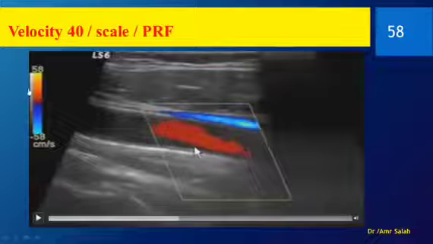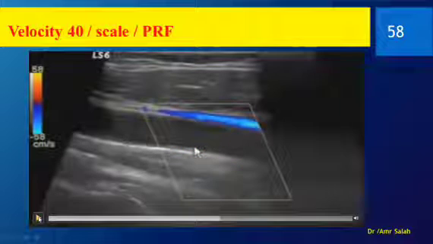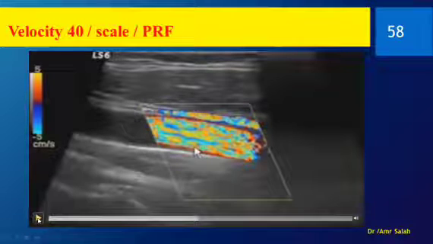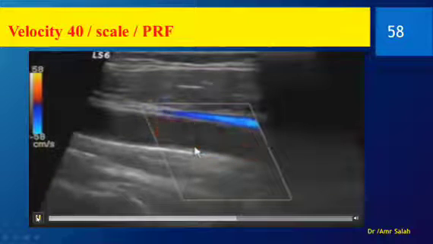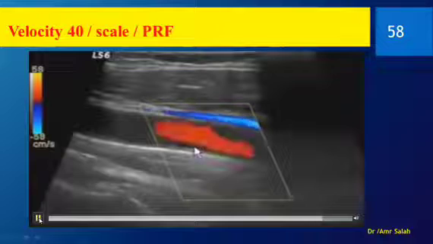So we would have no blue whatsoever. Again, the best is when it is 40, because this is the real velocity, and we will have all grades of red. And again, it's repeating.